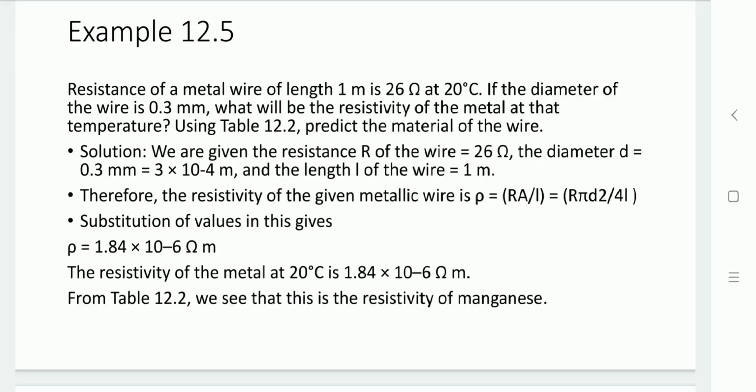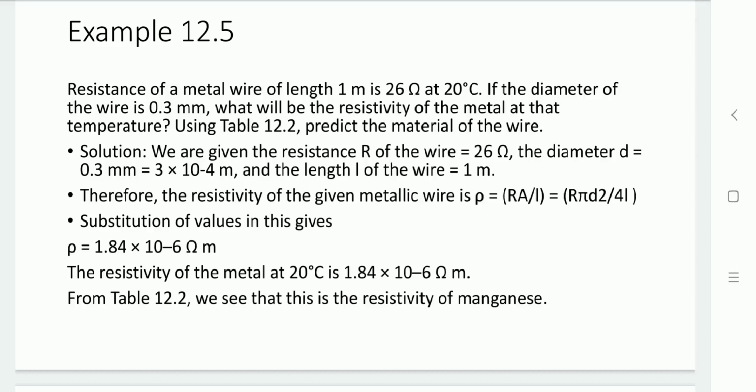So now we are going to find out the resistivity. The equation of the resistance was R equals rho L by A. Making rho the subject of the formula, that would be RA by L. R is given, L is given. Now we need to find its area A, that is pi d square by 4.